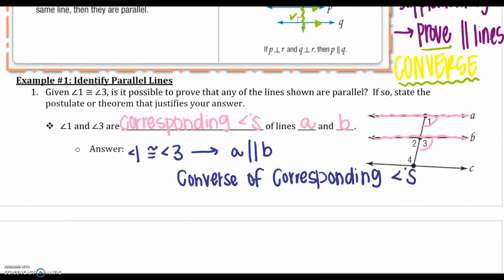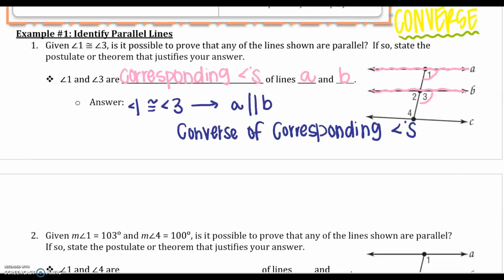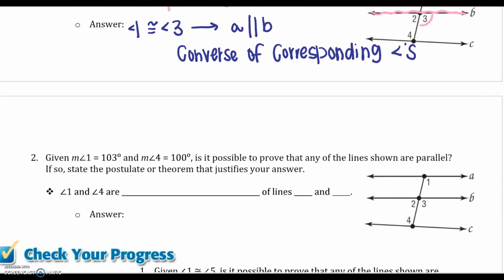All right, let's try another one. Same picture. I know that angle 1 is 103 degrees, and then I'm told that angle 4 is 100 degrees. Is it possible to prove any lines parallel?